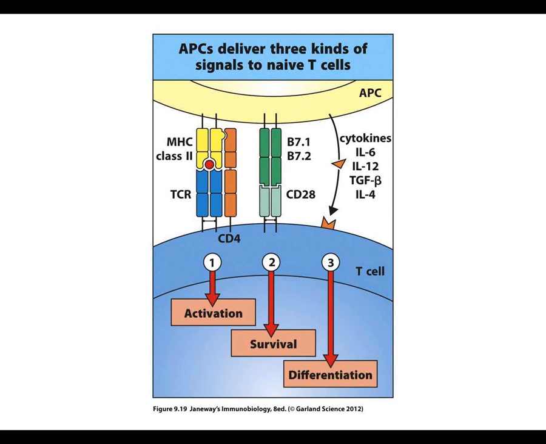But this is not enough to activate a naive T cell. You also need an interaction between CD28 and B7. So these are the co-stimulators. B7 has 2 types, B7-1 and B7-2, also called CD80 and CD86.